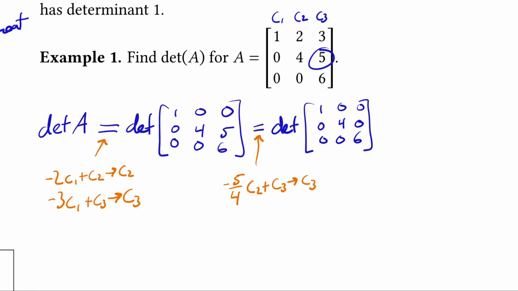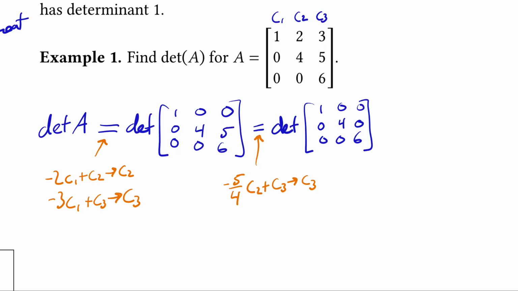Now we see it was pretty quick to turn this triangular matrix into a diagonal matrix without changing its determinant at all. And maybe you can see why you could always kind of do that, as long as you have non-zero entries here and here to make that work.